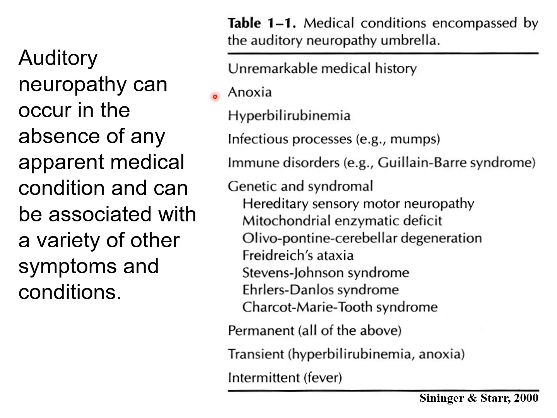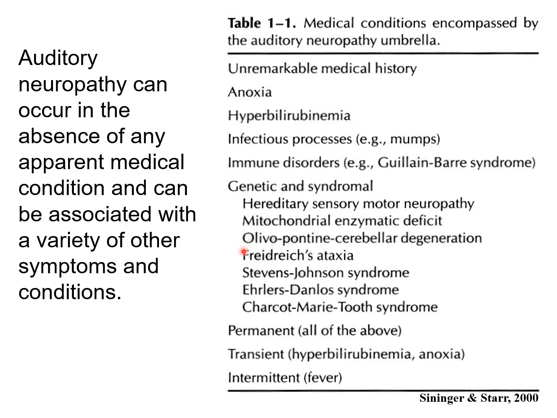Or patients with anoxia, who may have had trouble during delivery, the birth process. Or some babies with hyperbilirubinemia, or infants who got infectious disease such as mumps, or some patients or children with immune disorders such as Guillain-Barré syndrome, or patients with some genetic or syndromic disorders listed here.